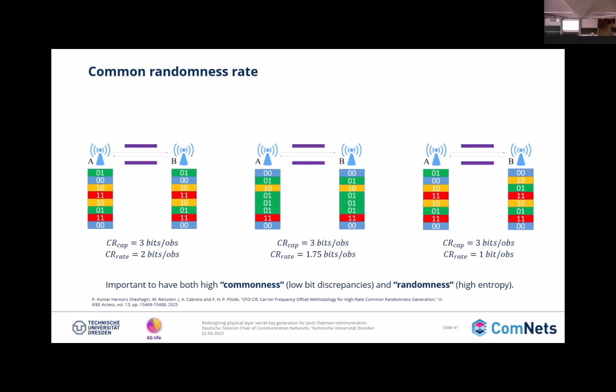This part is before the reconciliation stage. So we are not considering the effect of reconciliation, because we also have to consider that we are not transmitting too much redundant information to correct the bit error. So we had to consider the size of the reconciliation, which is directly indicated by the bit discrepancies.